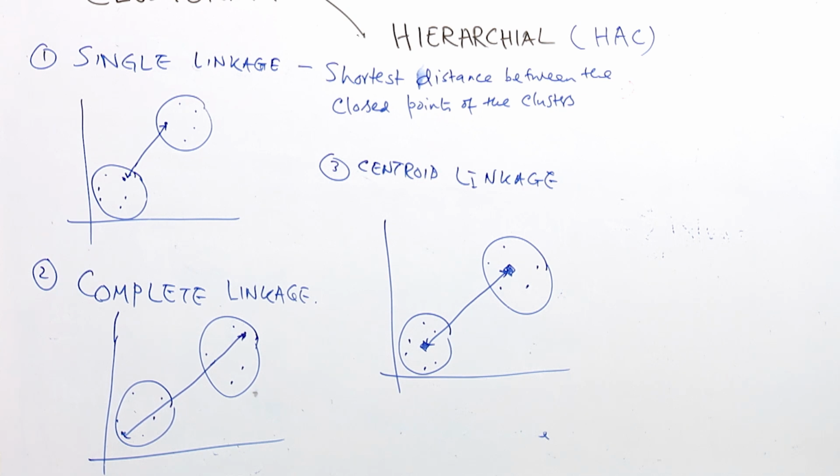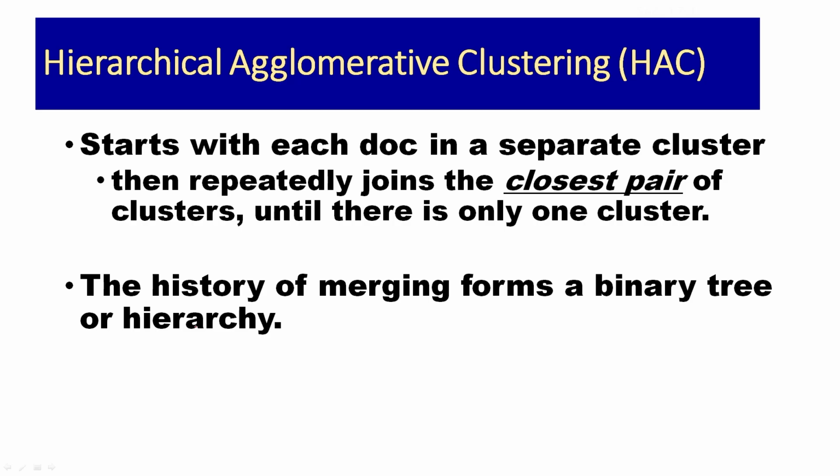That is the key thing in hierarchical clustering. As you know, hierarchical clustering starts with each point in a separate cluster, and then repeatedly joins the closest pair. And the history of merging, how we are merging, forms the tree or the dendrogram structure in the hierarchy.